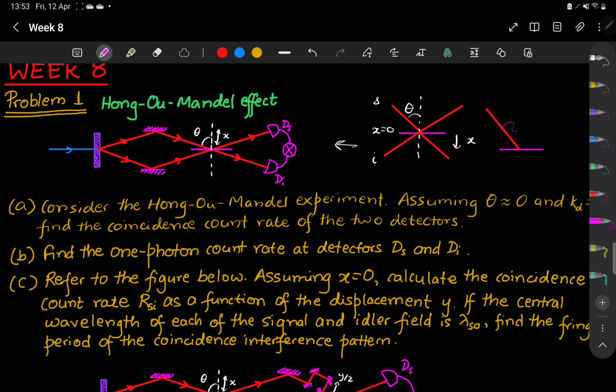Earlier the beam splitter was here, so now my signal has to move some extra distance. And how much is the extra part? The extra part is this part. This part is the extra part.